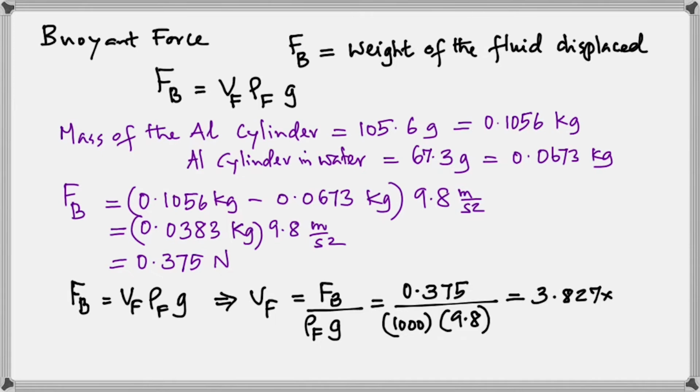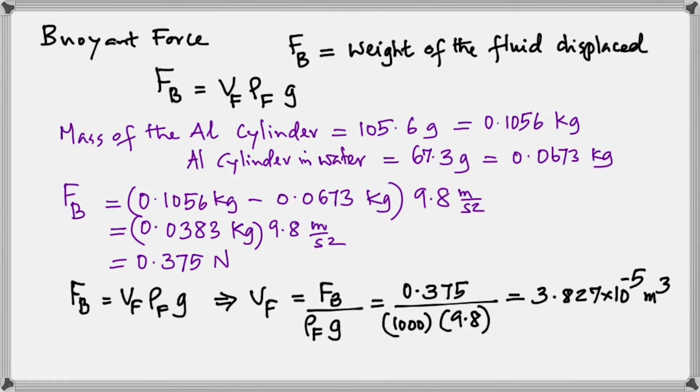I got negative 5. Negative 5 meter cube. And again, because it's in meter cube, that's why it's really small. You know, we used a very small aluminum cylinder.